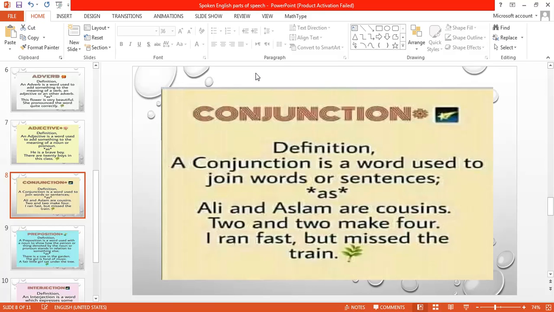And is a conjunction here. 2 and 2 make 4. And is again a conjunction here. I ran fast but missed the train. But is a conjunction here. So conjunctions are the words that we use for joining words, sentences, and strings of words, and we make our message more clear.